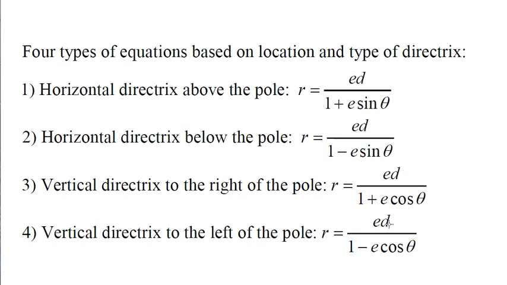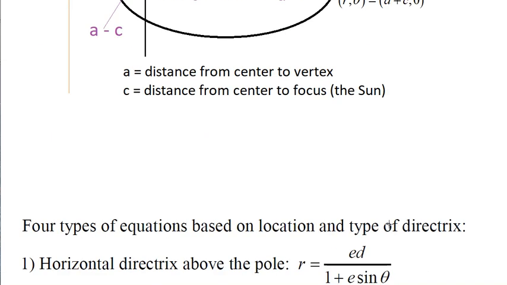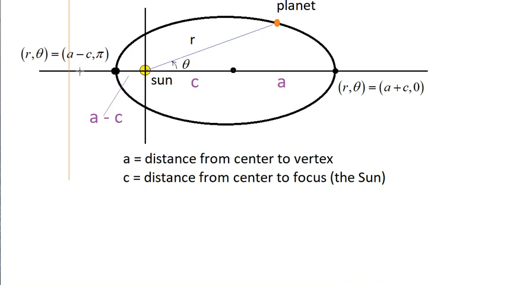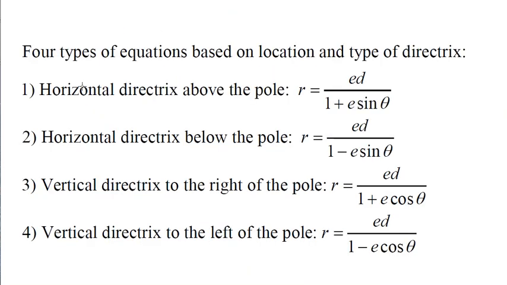Recall that d is the distance from the pole to the directrix. So the distance from here to here, from the pole to the directrix, that's d. And then e is the eccentricity, which is c over a. So now let's go find the equation of this elliptical orbit of the planet.